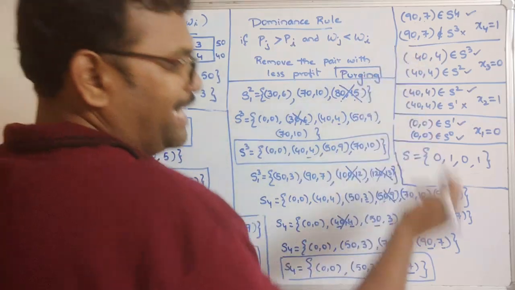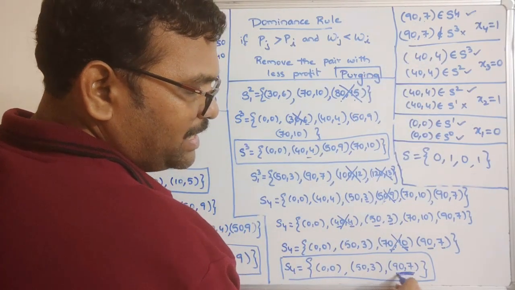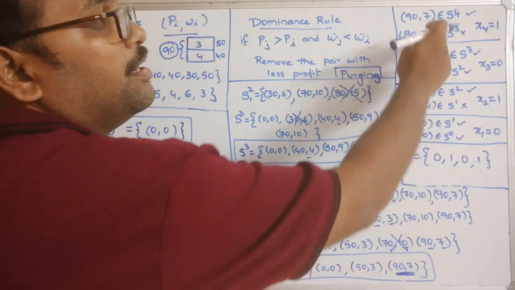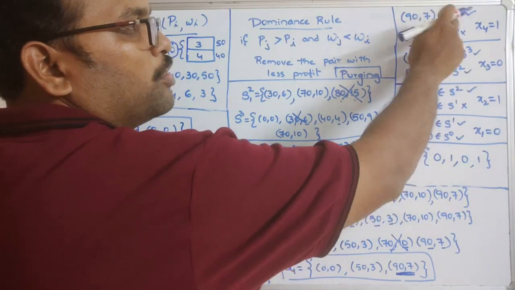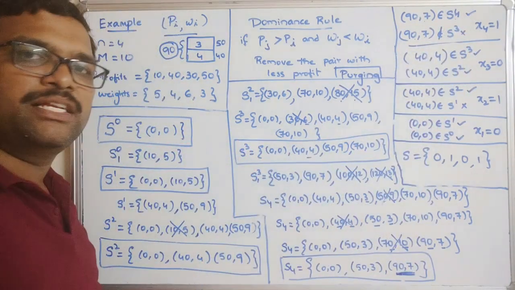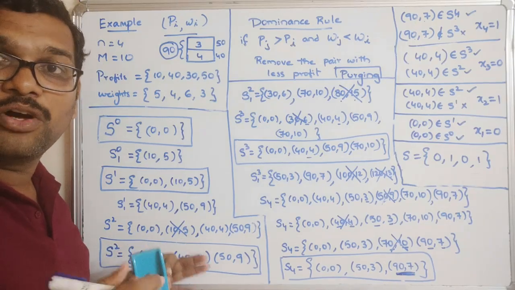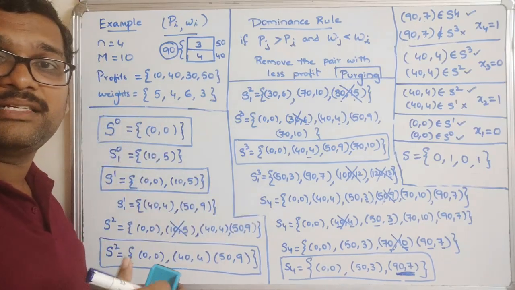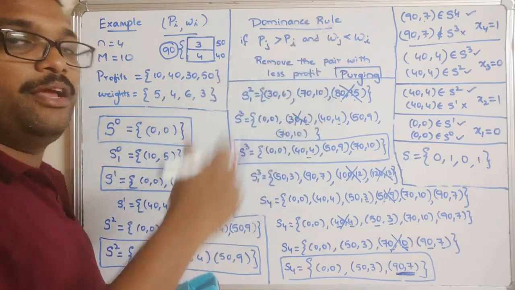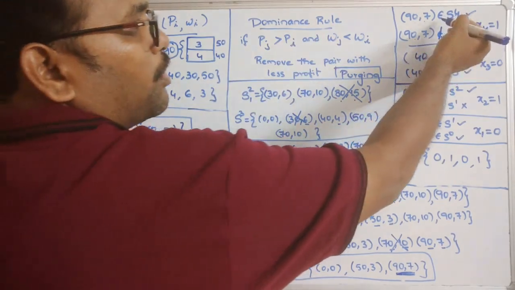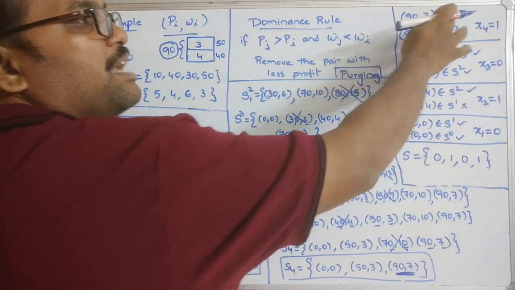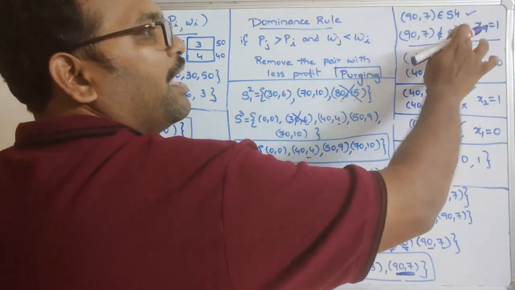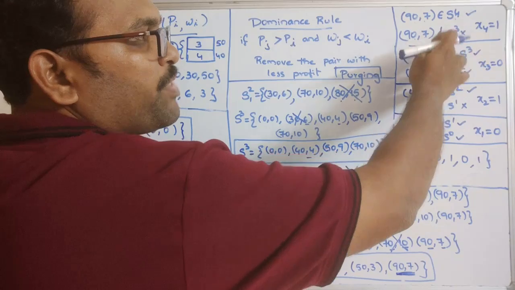Afterwards we need to check the highest weight or highest profit pair with the S4 and S3, so that if it belongs to both the cases, simply we can say we should not move it, because already in some other case it may be available. So automatically we should not accept it if the pair is available in Si and Si minus 1.